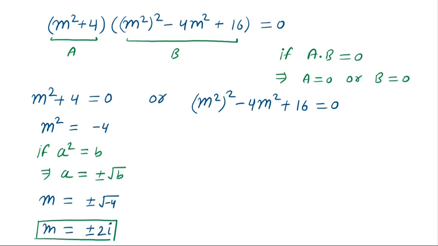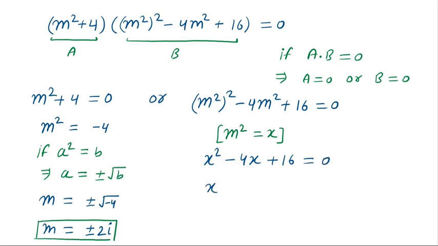Now solve this equation. Replace this m square by x. Suppose m square is equal to x. Then replace this m square by x. Then x square minus 4 times m square, which is replaced by x, plus 16 is equal to 0.